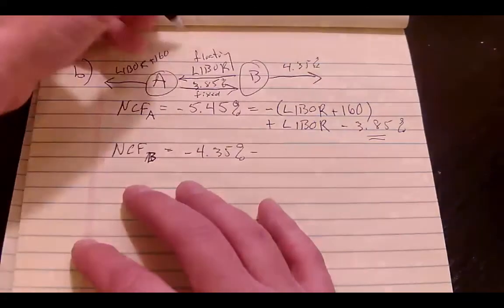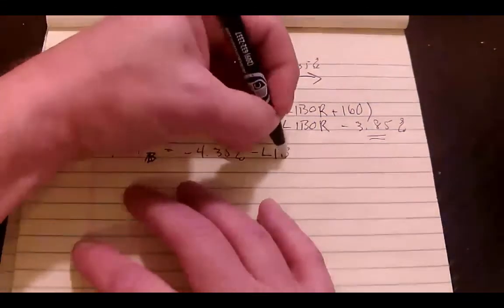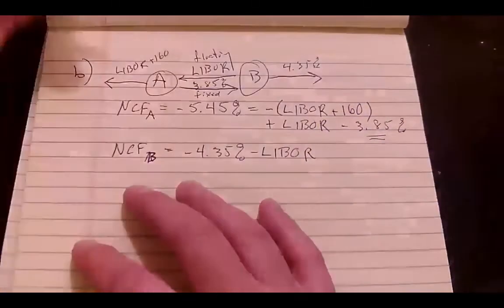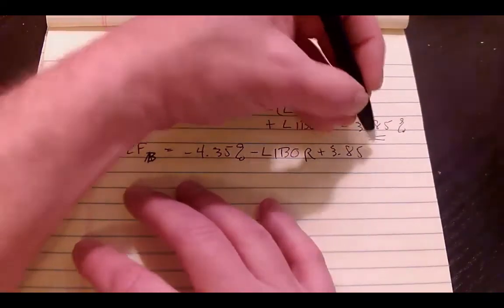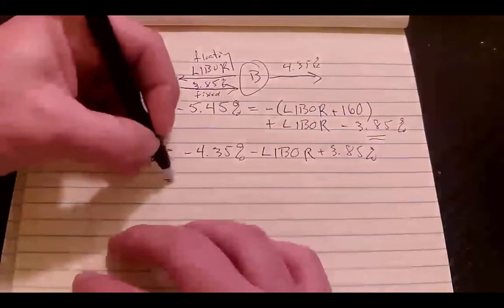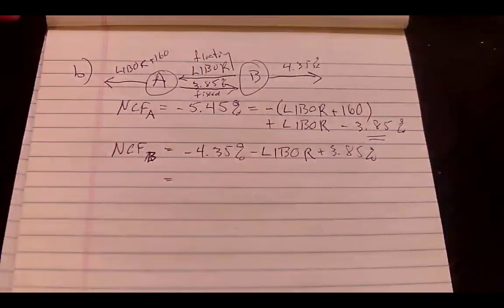They're also paying LIBOR to the swap contract, so minus LIBOR. And they're receiving from the swap contract 385, so plus 385, 3.85%. And what's the net? Well, 435 minus 385 is, what is that?